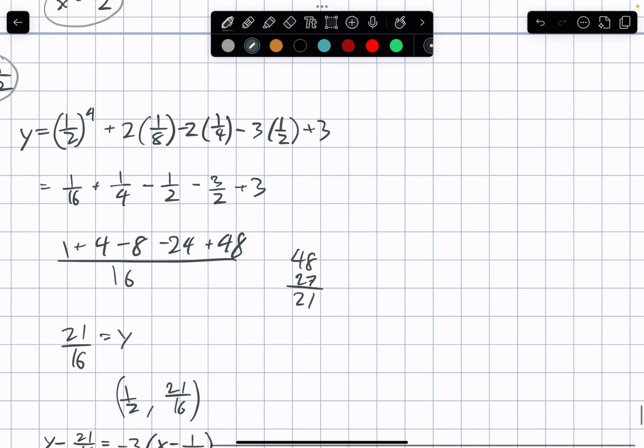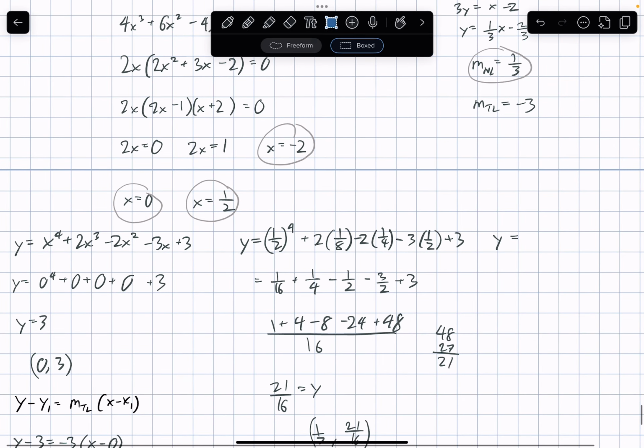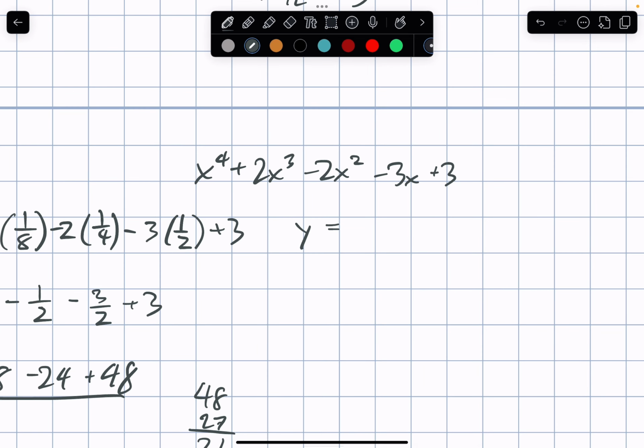Next, given that x is equal to negative 2, y is equal to 1.